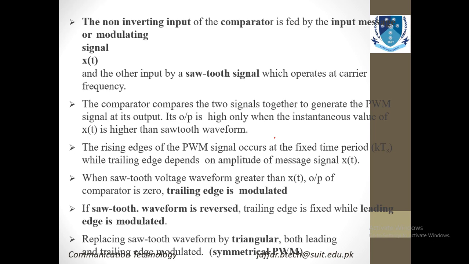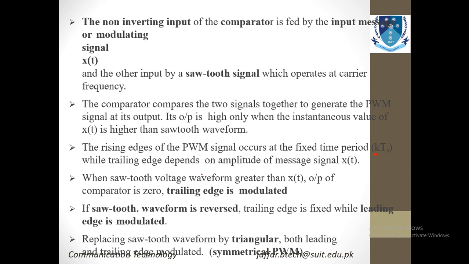The rising edges of the PWM signal occur at the fixed time period kTs, and you can see that this k is a constant, nothing but a representation of a periodic signal, while the trailing edge depends on the amplitude of the message signal x(t).